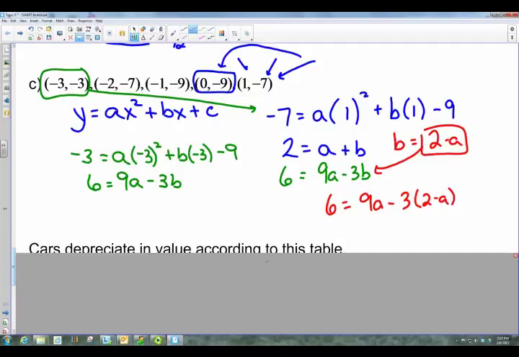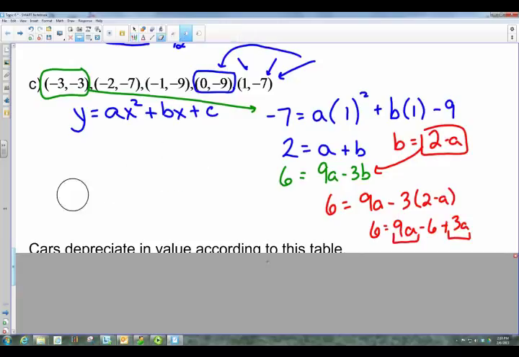So 6 equals 9a minus 6 plus 3a. Okay, so solving this out, those two combine together. That gives you a 12a. So I've got 6 equals 12a minus 6.